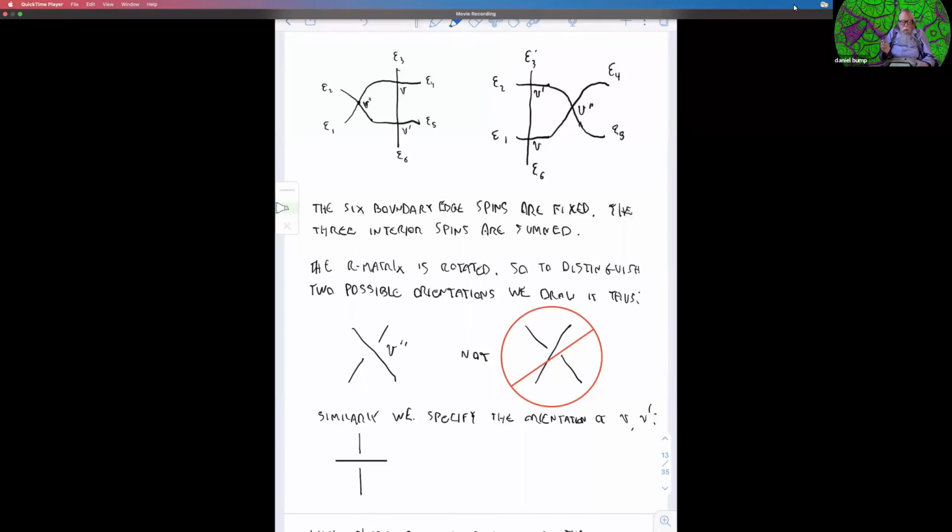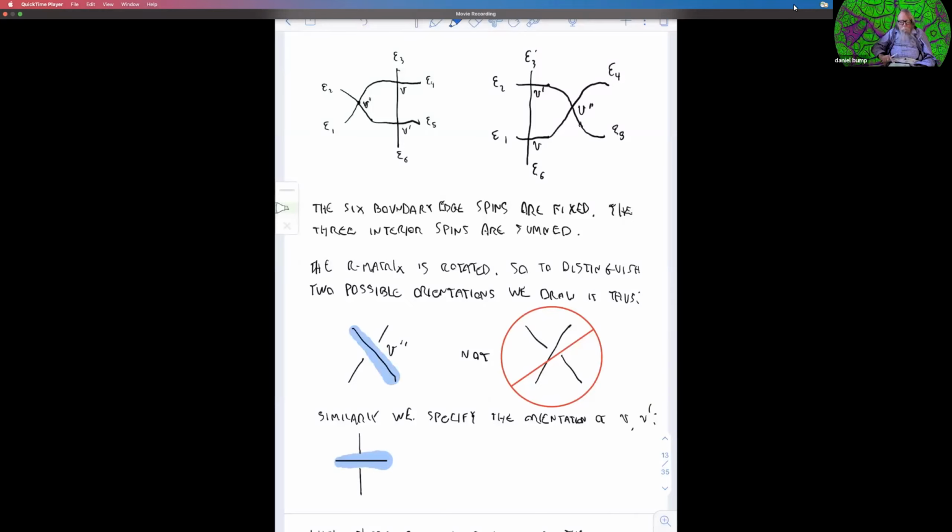And so I need a notation that will show that. And so I will draw this vertex as an overcrossing. There's another reason that we want to do that, which is that this is quite suggestive of one direction that your thinking can go, which is in the direction of knot theory and three-dimensional stuff.